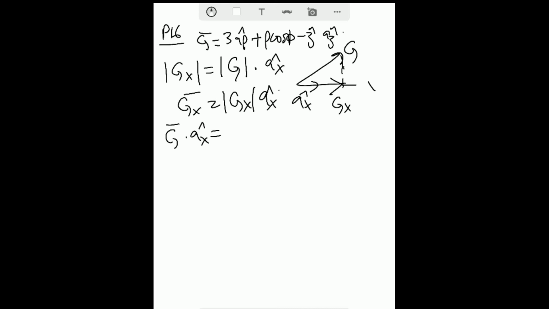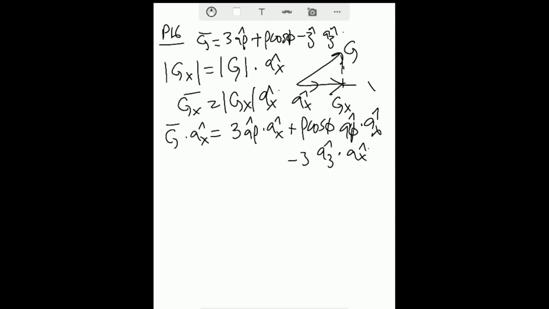So I can find the dot product first, and then convert it into Cartesian to find the value at point Q. So it will be 3 a_rho dot a_x plus rho cosine phi a_phi dot a_x minus z squared a_z dot a_x. The last one will be 0 because they are perpendicular.